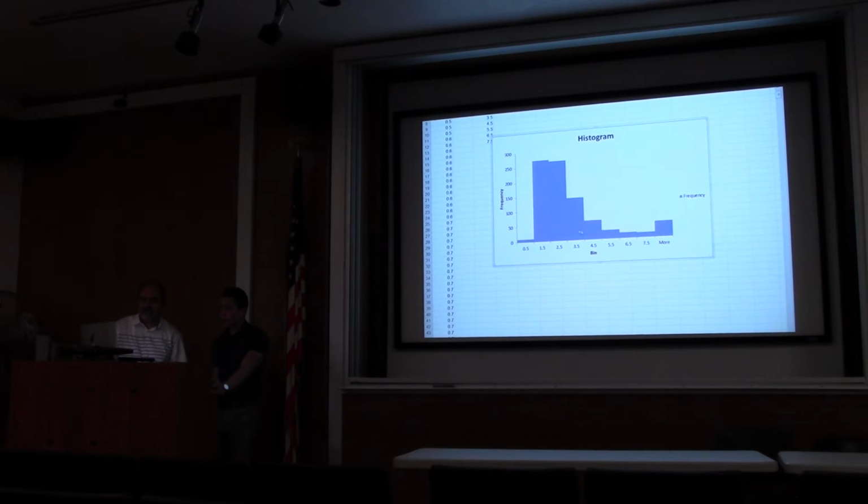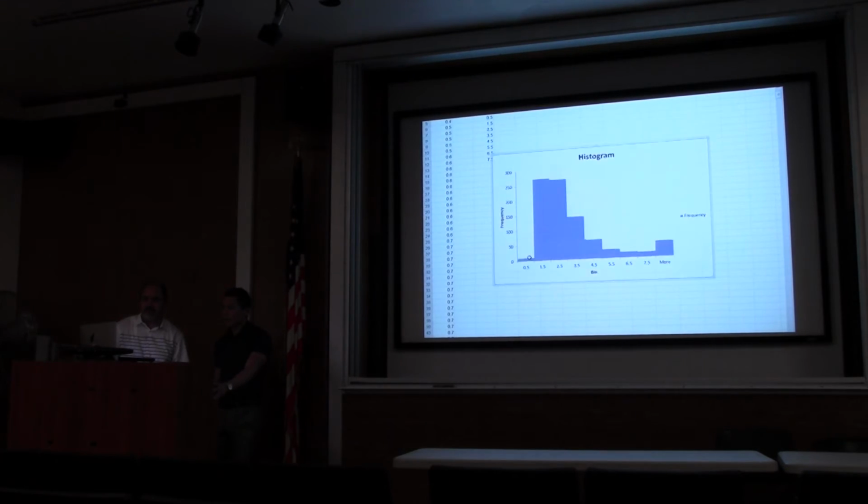We have a lot of outliers, and your data is skewed to one side again. So lactate is not a normally distributed data.